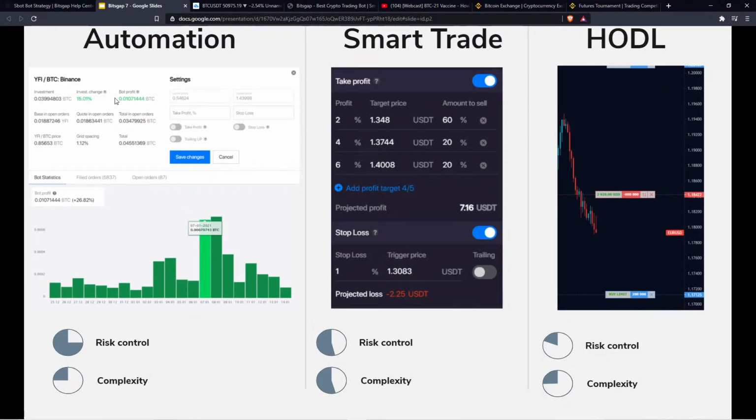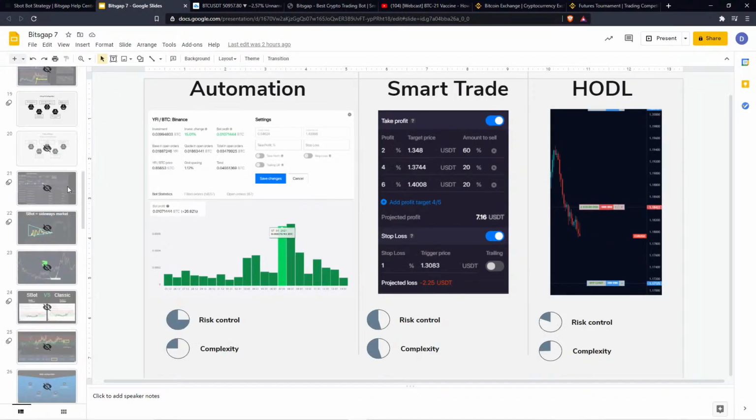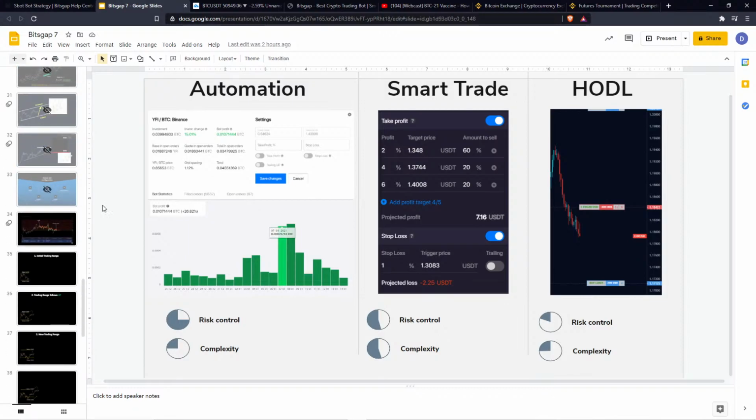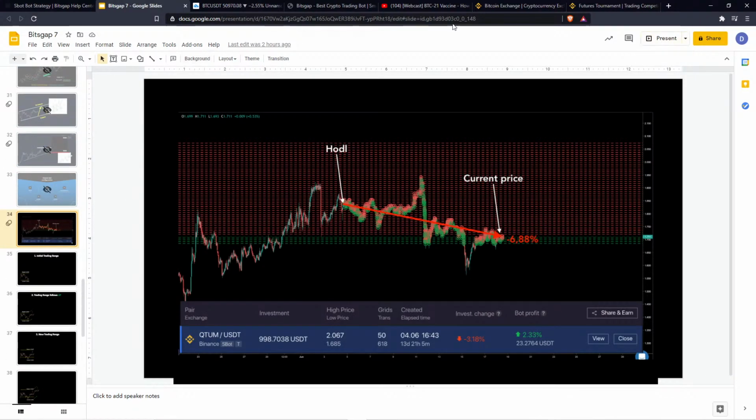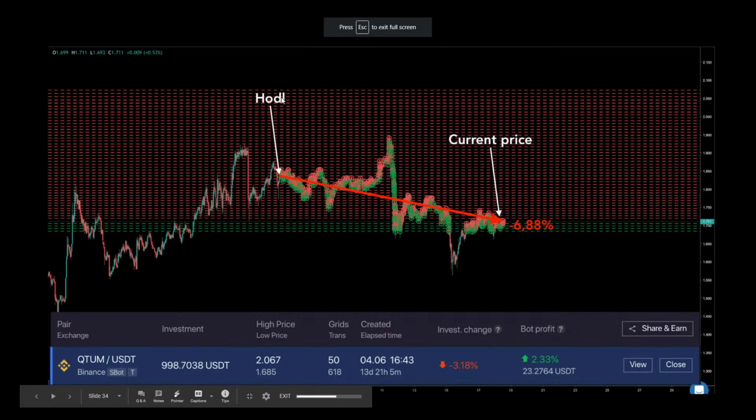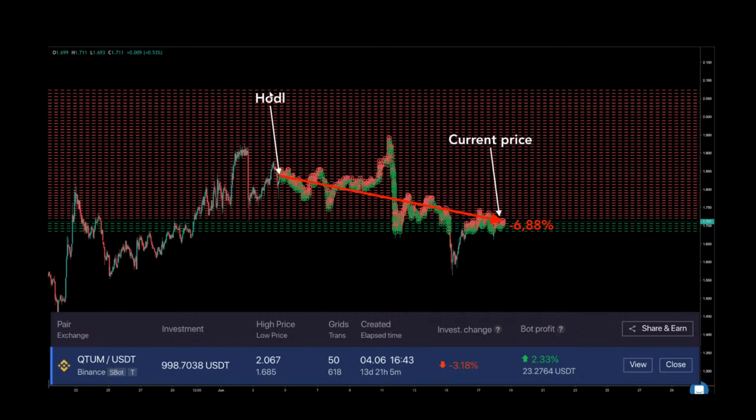And let me actually show you the perfect example of how automation works on the downfall. So here, let's assume that you decided to buy Quantum, where I have my HODL pointing at. This is the point of time and price where you purchased Quantum. Imagine that the price then falls, and now you bear a loss of minus 6.88%.